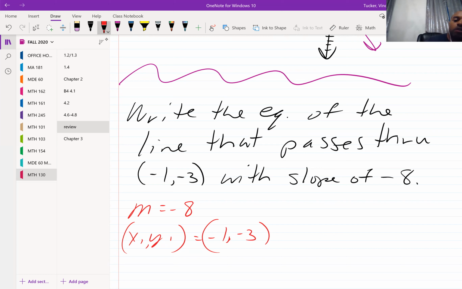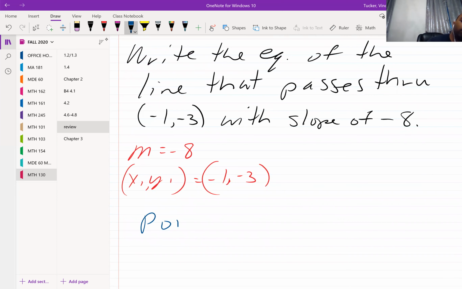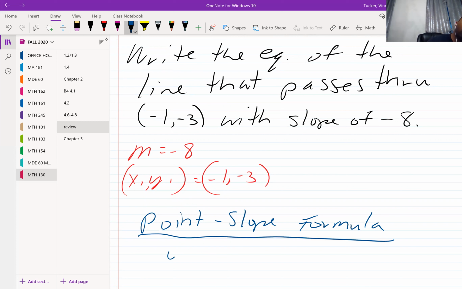Now we're going to use our point slope formula. That's y minus y1 equal to m times x minus x1.